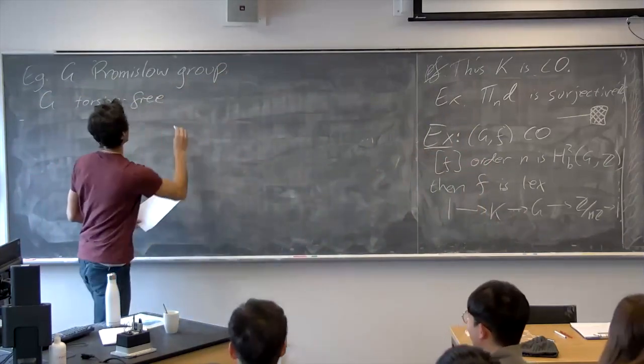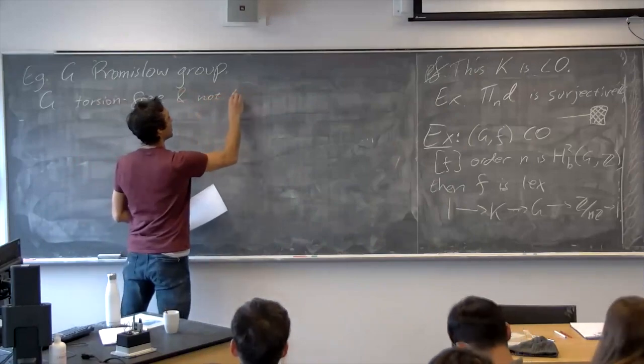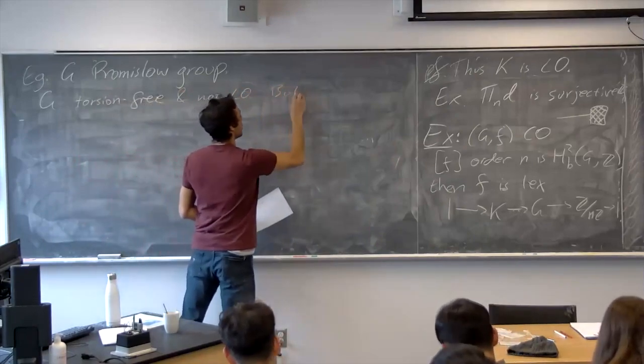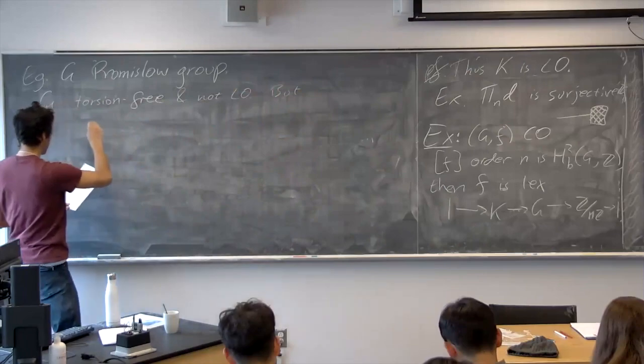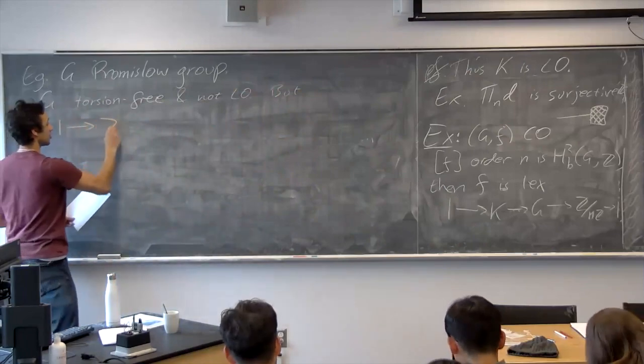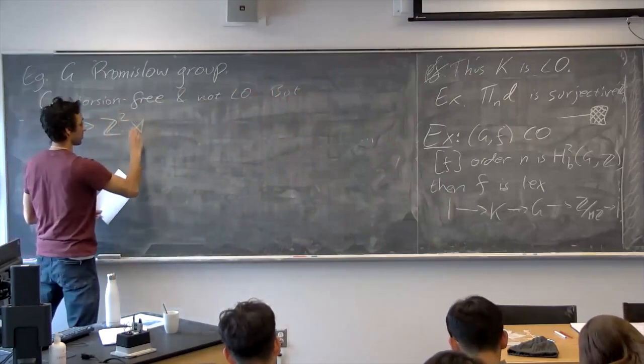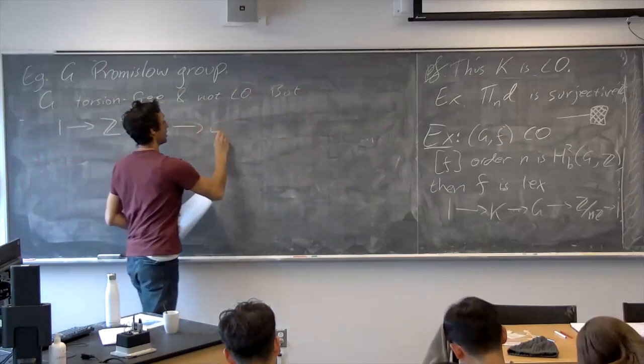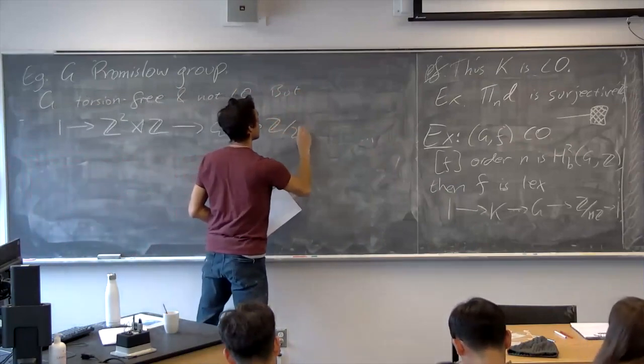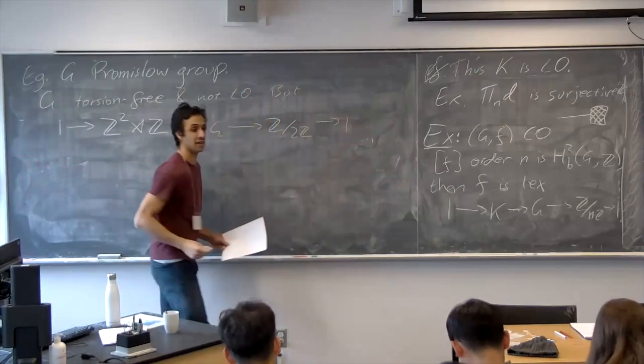G is torsion free and not LO, but it fits into a short exact sequence. 1 goes to Z squared semi-direct product Z, then G, to Z mod 2Z, to 1.